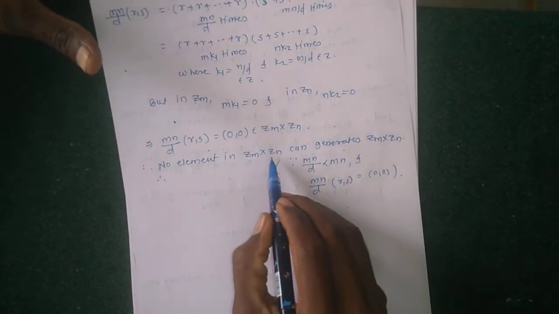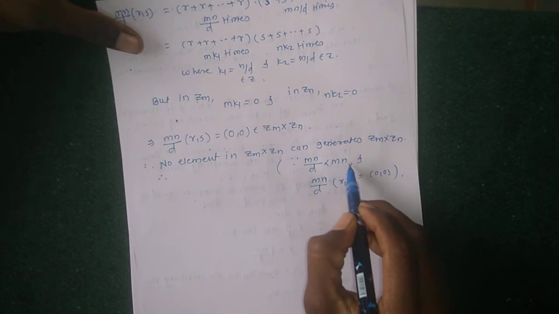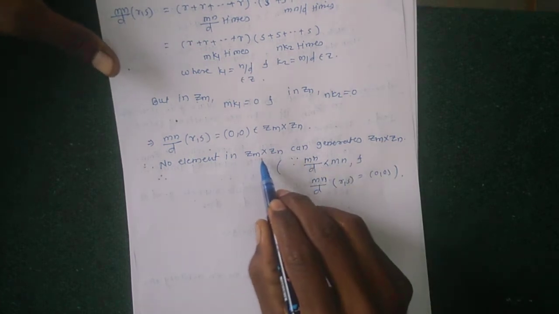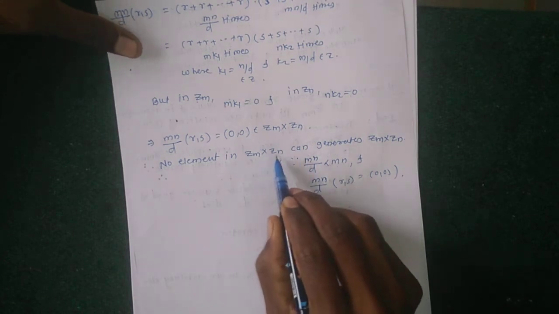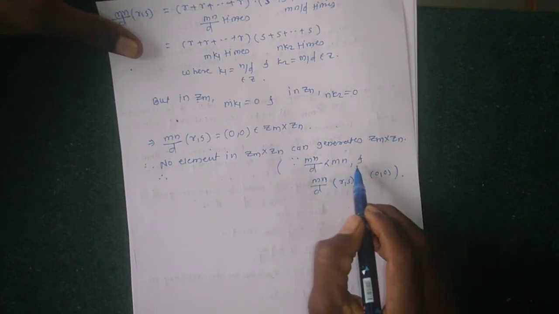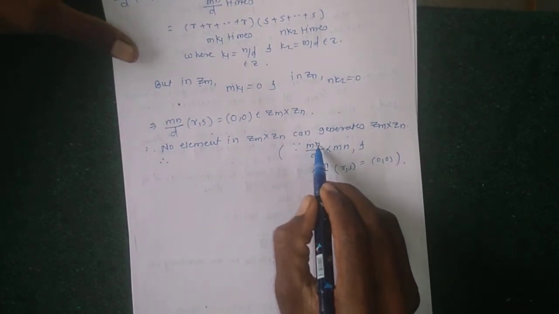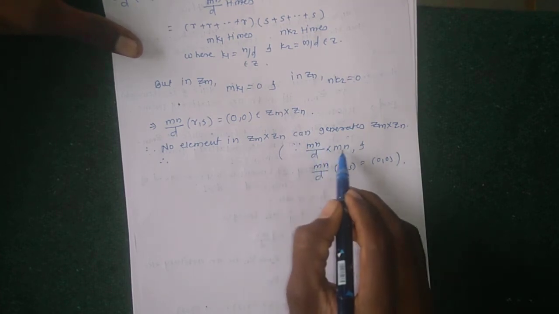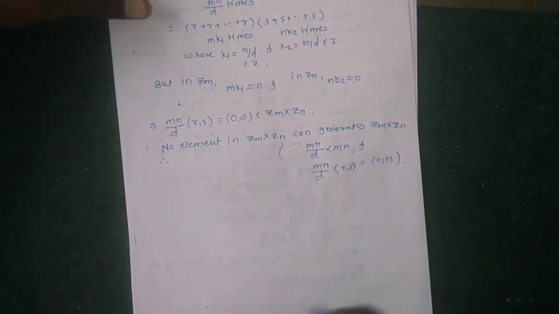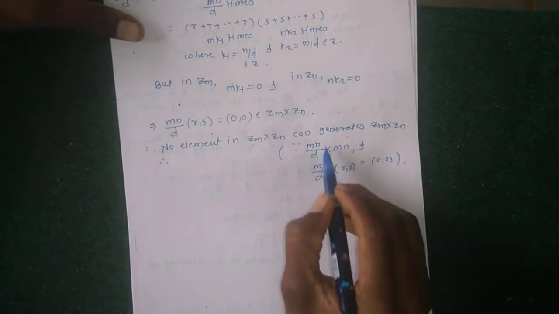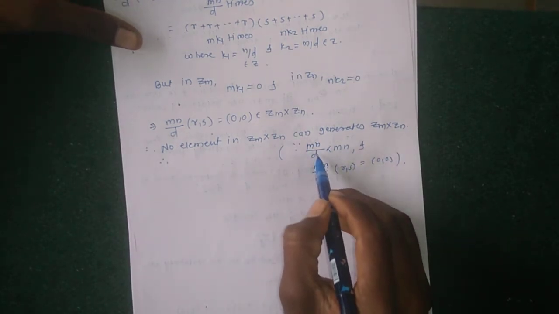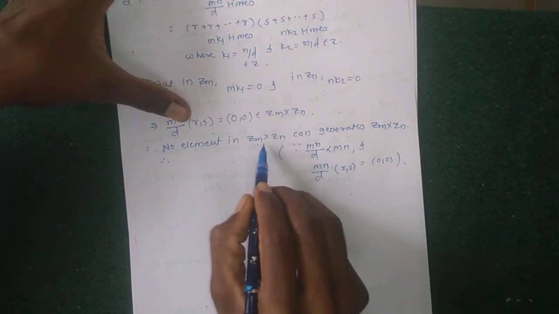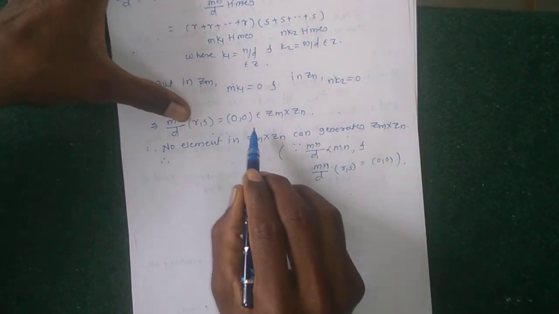The order of Zm cross Zn is m into n, but this term mn divided by d is less than mn, meaning a multiple of mn by d into elements of this set is equal to (0, 0).